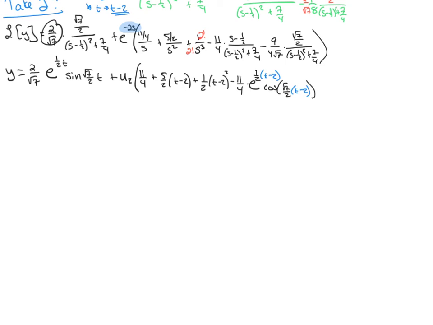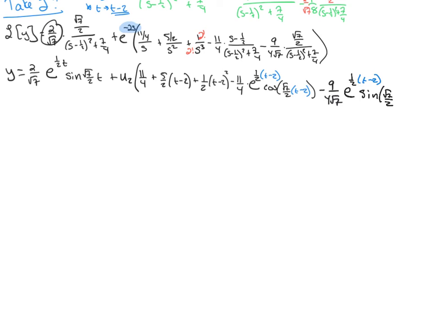Okay. And then minus 9 over 4 root 7. So this sine has a first shifting theorem, and it's inside a second shifting theorem. So this will be, for the first shifting theorem, e to the 1/2 t, but I need to put a t minus 2, sine of root 7 over 2.